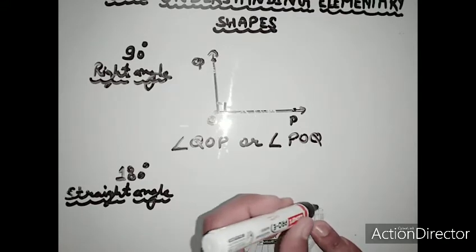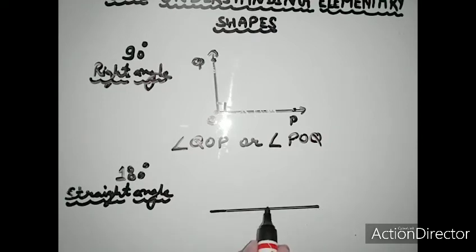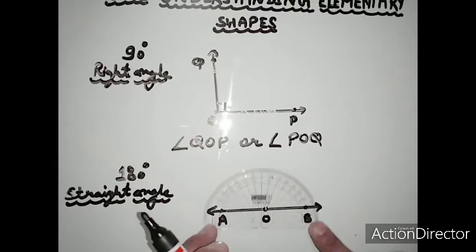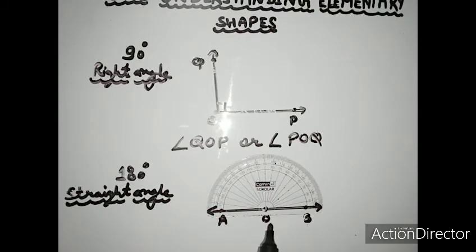We draw a line, and you all know that we take 2 points like A, O, B, and a straight line always forms a 180-degree angle. So we put the midpoint of this protractor on the point O, and it is exactly 180 degrees, right?